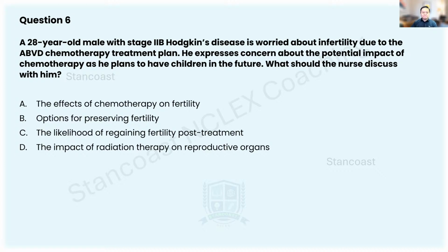What would the nurse discuss with him this time? Take note of the statement. He expresses concern about the potential impact of chemotherapy as he plans to have children in the future. What would that discussion entail?